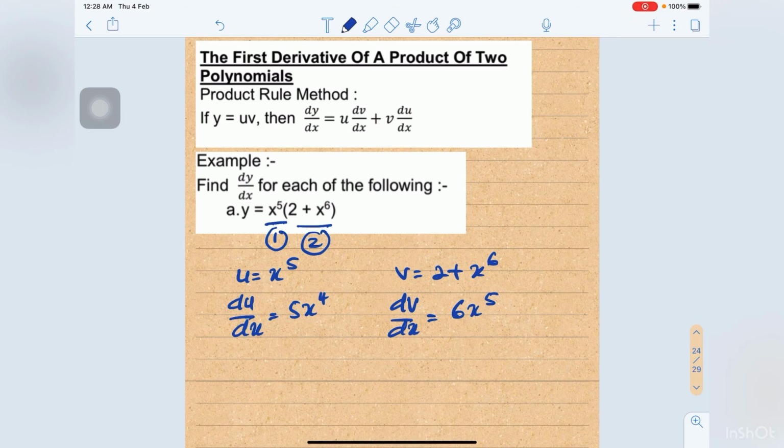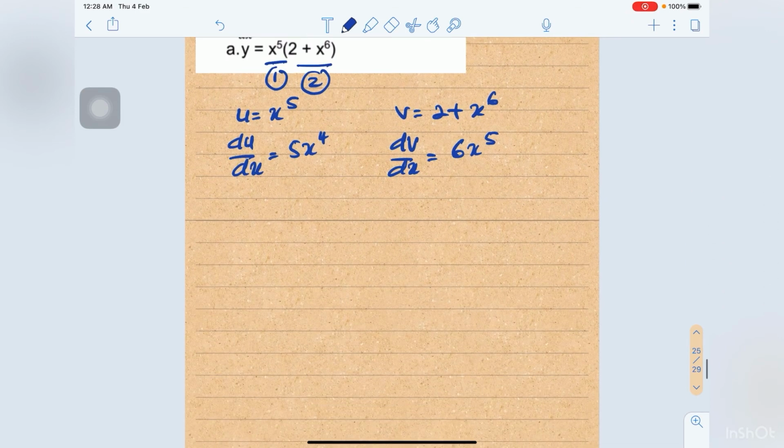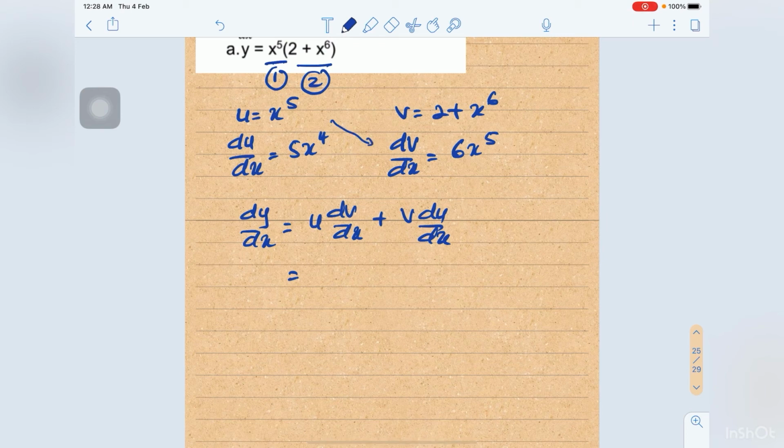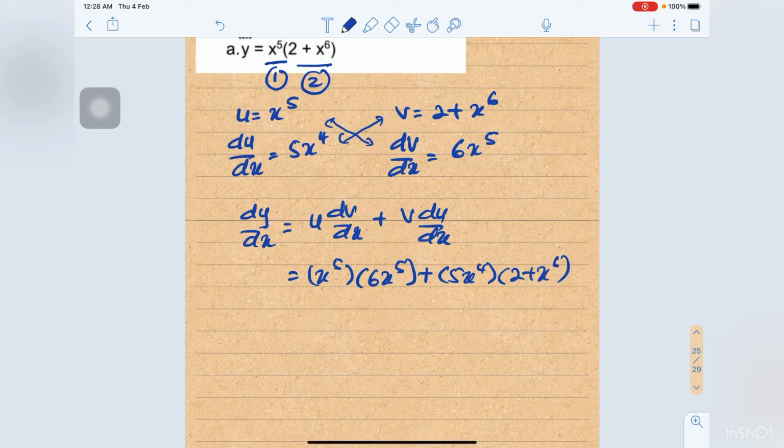Okay, so by using the formula dy/dx equals u dv/dx plus v du/dx, you just substitute. Okay, u dv/dx, these two. So x^5, 6x^5 plus this one, 5x^4 times 2 plus x^6.